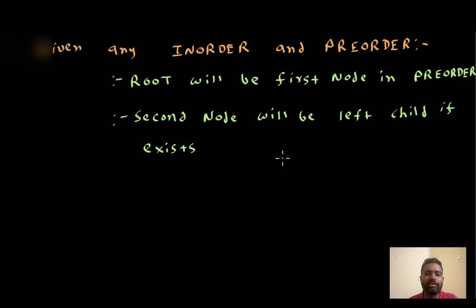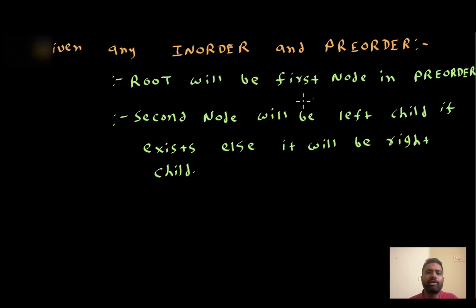So it will be a very simple case, only one node will be there. But for completeness I am writing: the second node will be the left child if it exists, else it will be the right child, right?